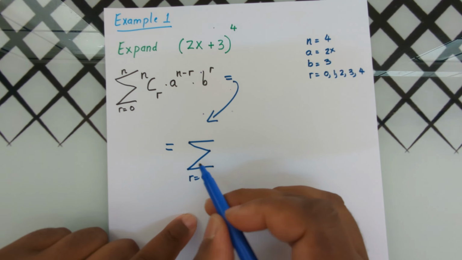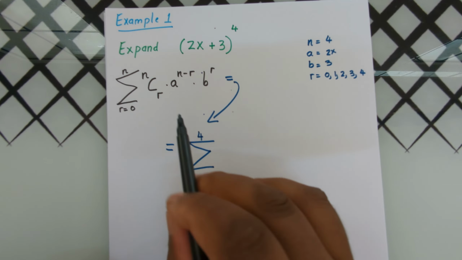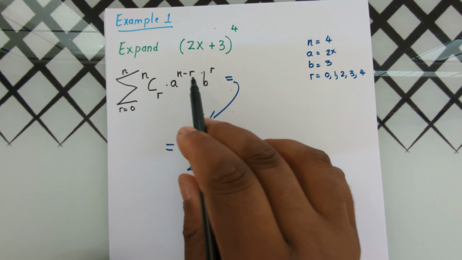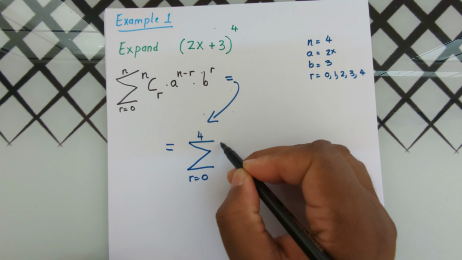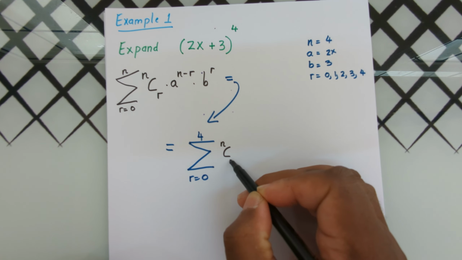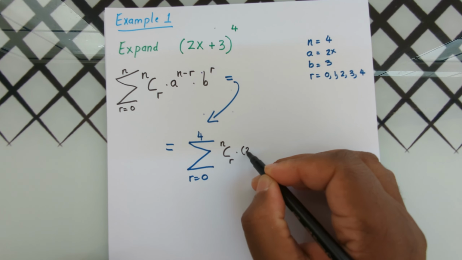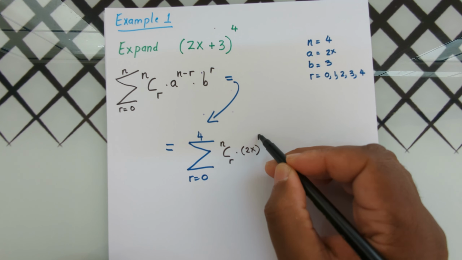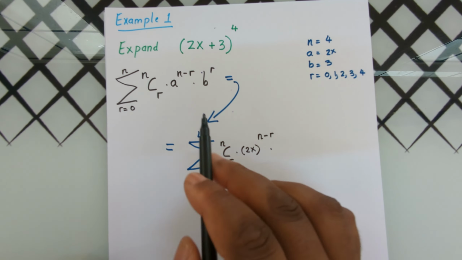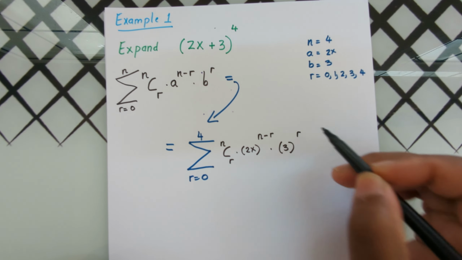So this can be written as the summation from r equal to 0 until n is 4 of n choose r multiplied by a to the power of n minus r multiplied by b to the power of r, so it will be n choose r multiplied by a, and our a is 2x, so multiplied by 2x to the power n minus r, multiplied by b, which is 3 to the power of r.